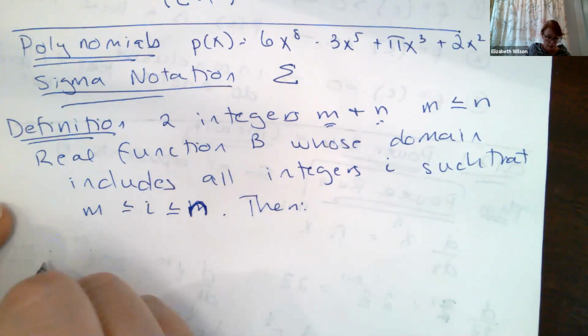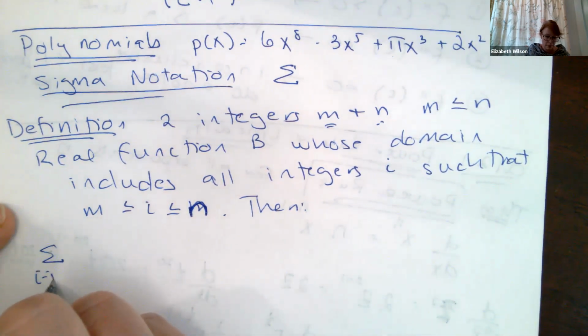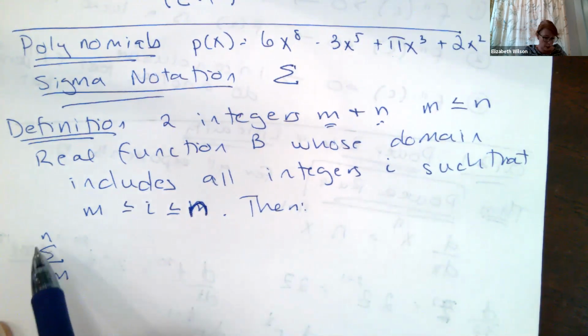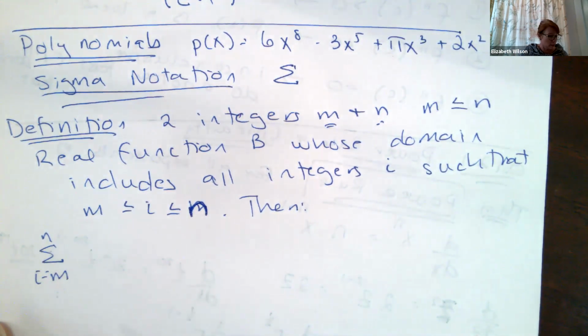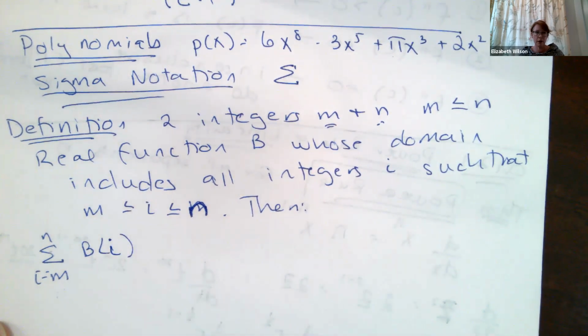Now if this is true, then I can represent it in sigma notation. I can say the sum, i equals m to n. i is like my looping variable, like in computer programming. So i equals m to n, where I begin at m and I end at n, of b sub i, where b is my function and i indexes each term.